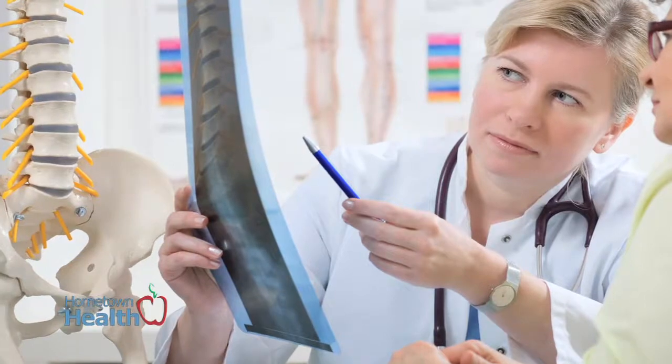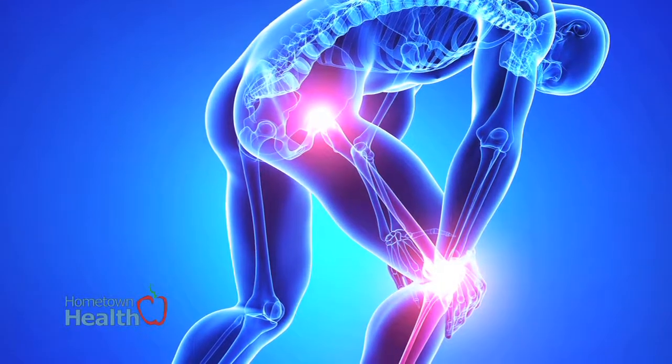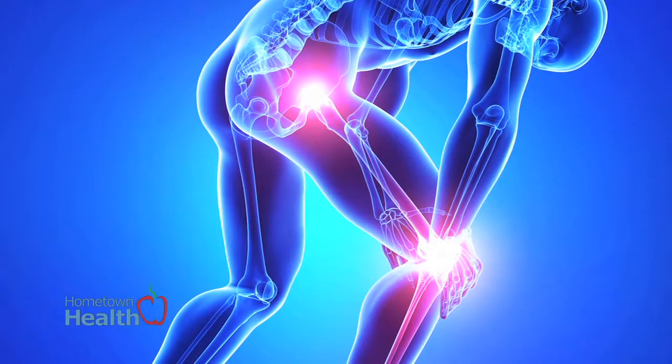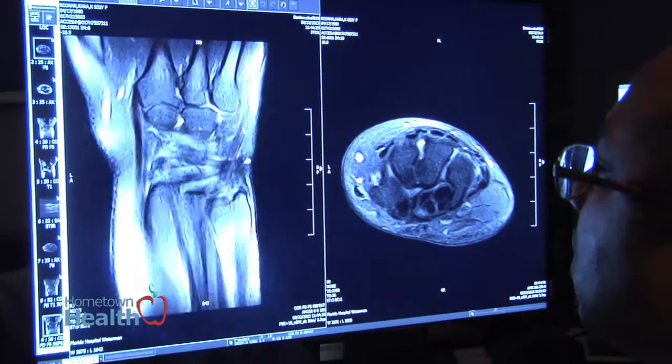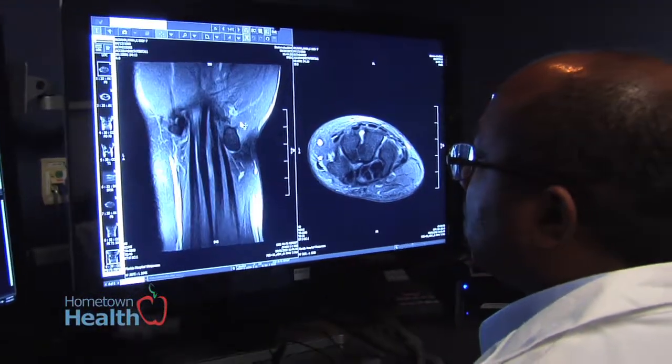And sometimes it's very clear that the patient does have an inflammatory arthritis, and sometimes it's very clear what type of inflammatory arthritis they do have. But for many patients, it's not clear. For some patients, it's unclear, A, do they have an inflammatory arthritis, and B, what type do they have? MRI has evolved to play a potential role in helping to diagnose these patients.